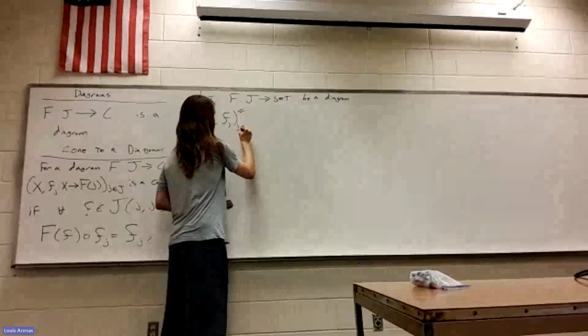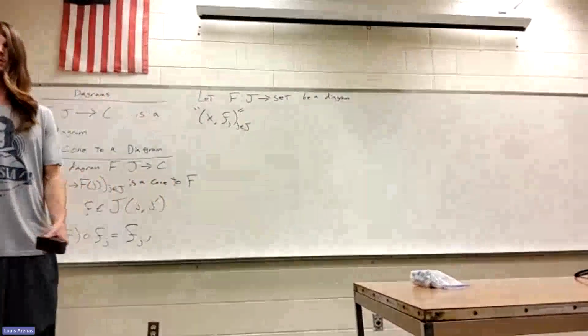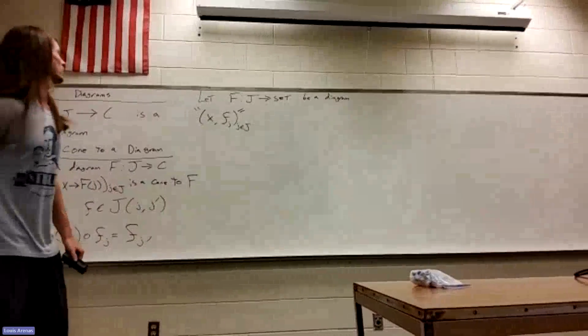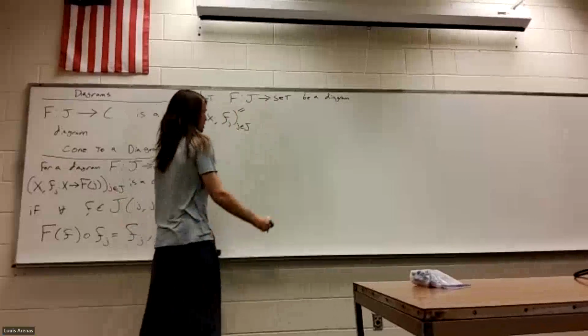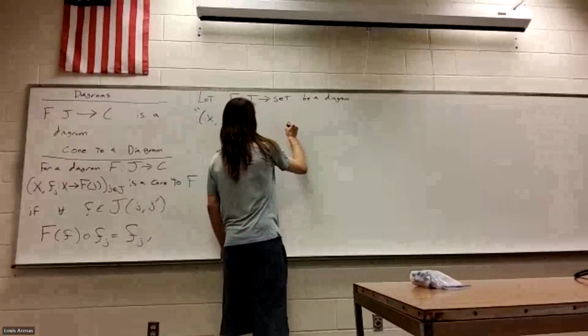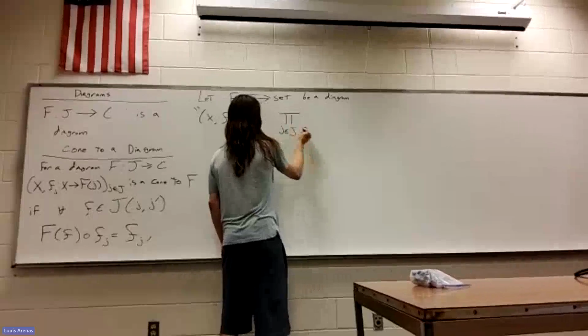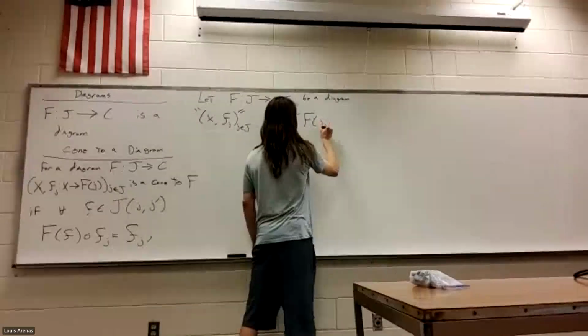And for just being really naive, we could start by saying, why not just take the product of all of the images of this diagram? We could take the product over j in J of all of these Fj.